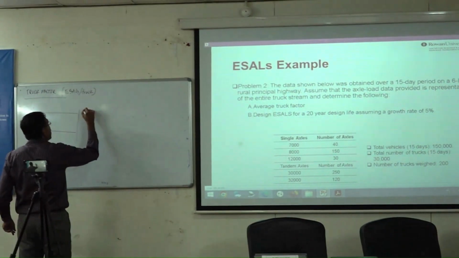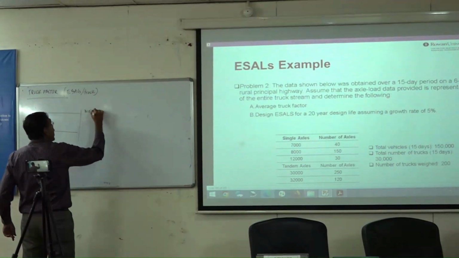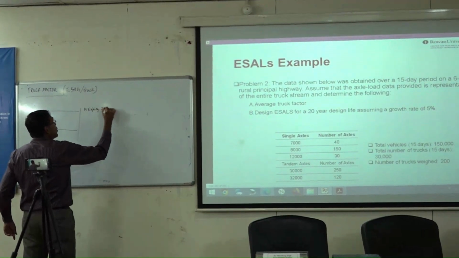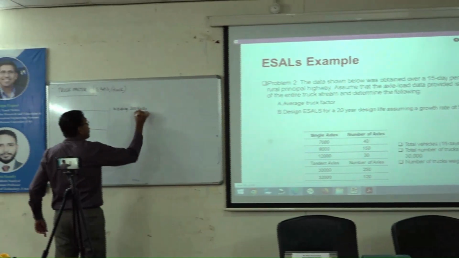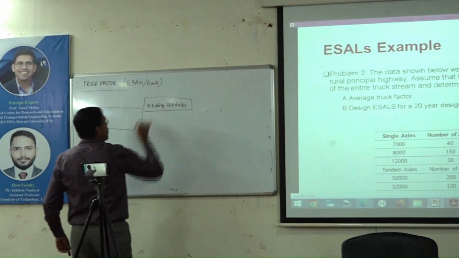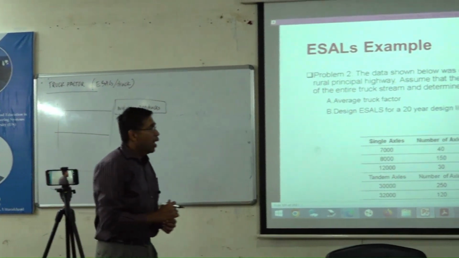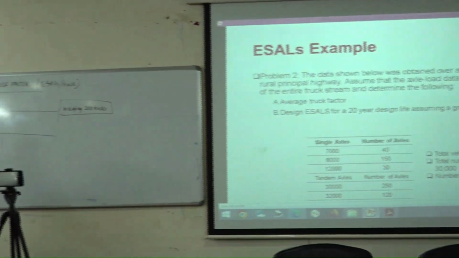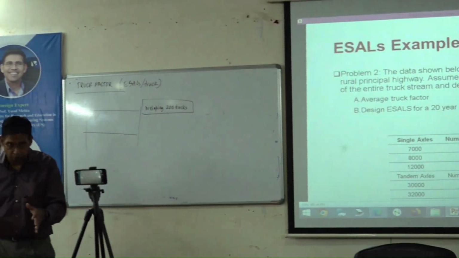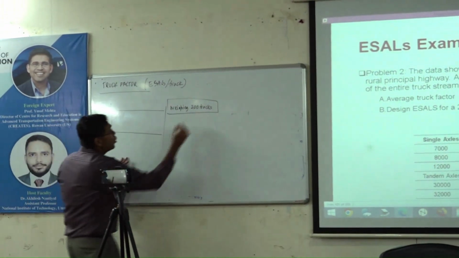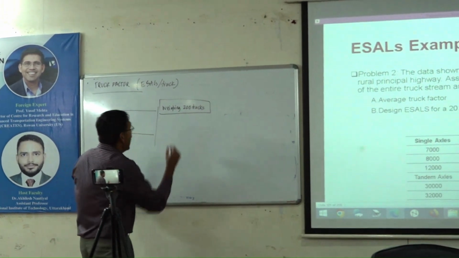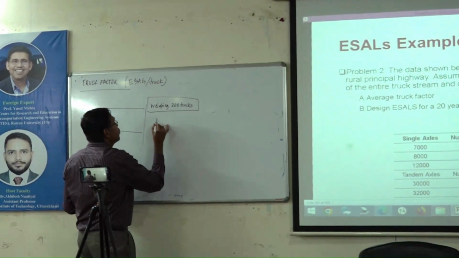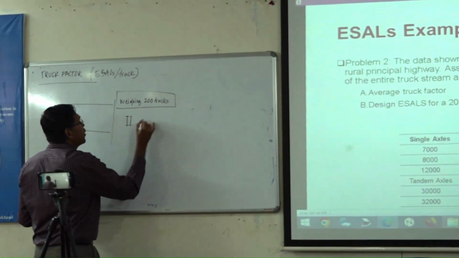So you have to weigh 200 trucks on a particular roadway. Okay? And each of these trucks has a different configuration. Some are tractor trailers, some are small trucks, right?